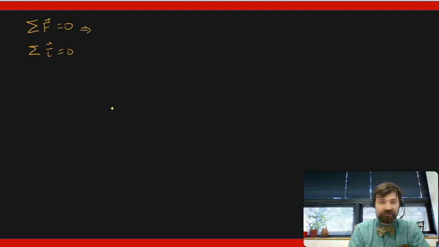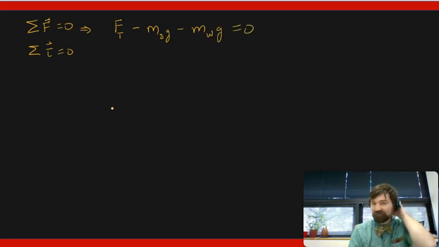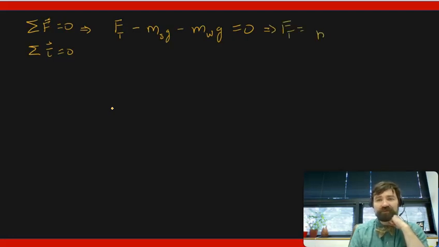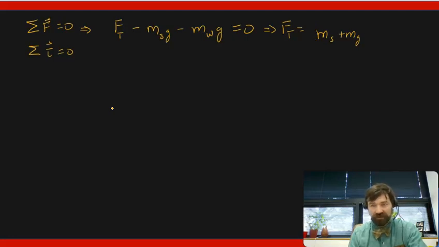Sum of forces being 0 implies that the tension force, which is upward, minus the mass of the stick times g minus the mass of the weights times g is 0. And therefore the tension force must be equal to the mass of the stick itself plus the mass from the added weights, that's M_W, times g.